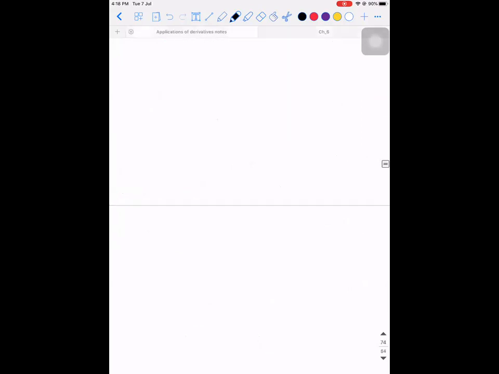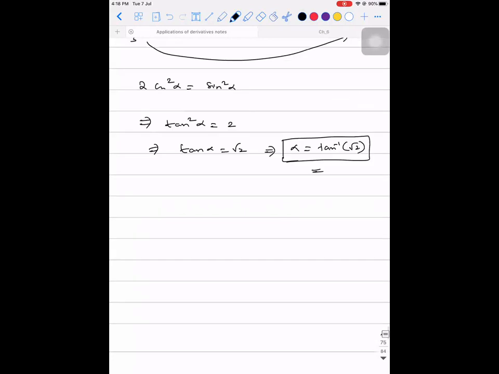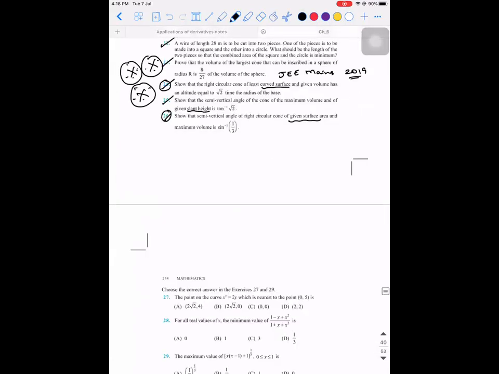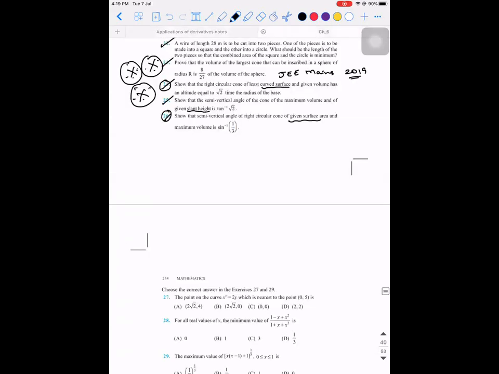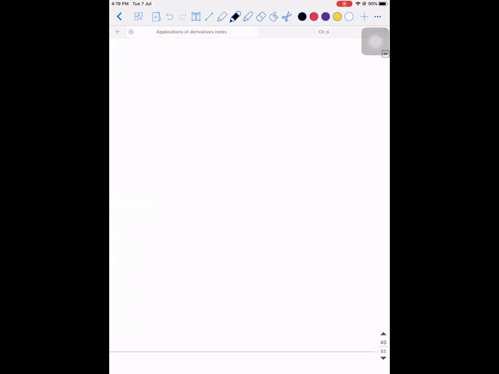Total surface area is a constant. So 26, right? So surface area given is pi r square L plus pi r square. This is a constant. And what we need to prove is that the semi-vertical angle of this particular cone, when its volume is maximum, is sine inverse 1 by root 3.